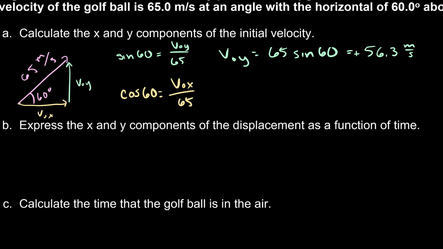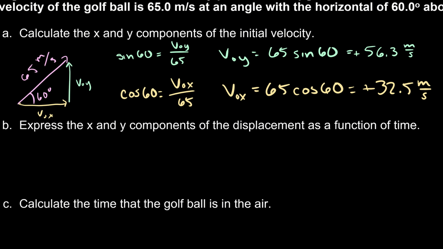And we multiply both sides by 65 to get our initial x velocity equal to 65 cosine of 60. And a decimal number for that, we got 32.5, right? Because the cosine of 60 is just 1/2. 32.5 meters per second.